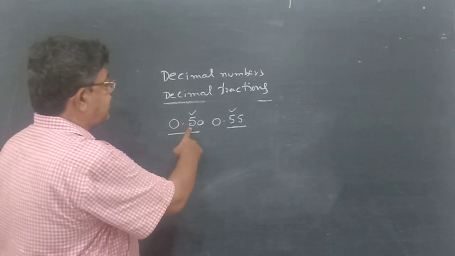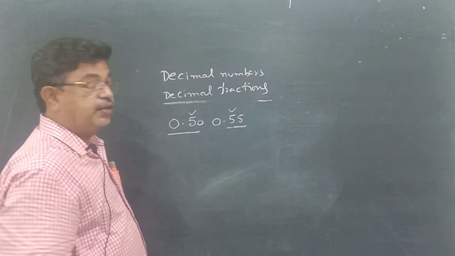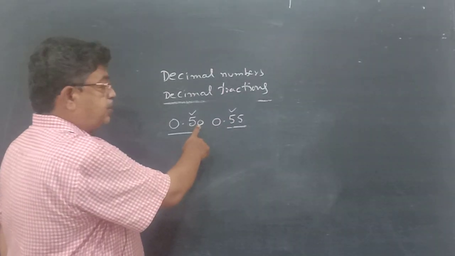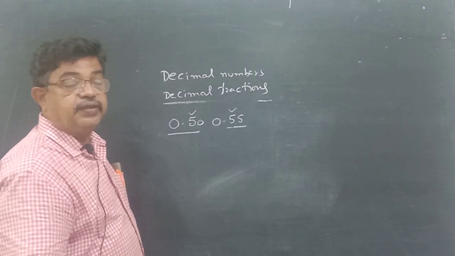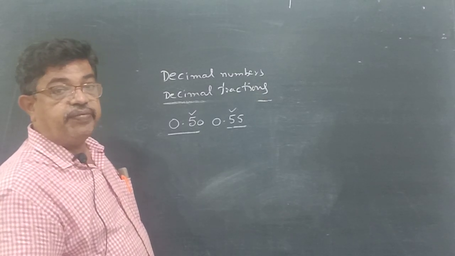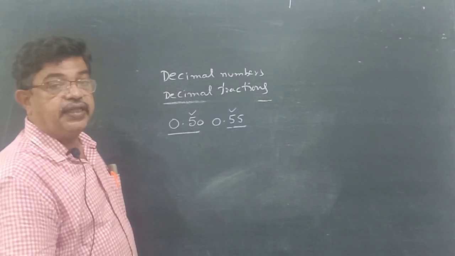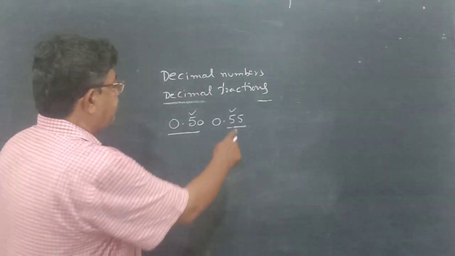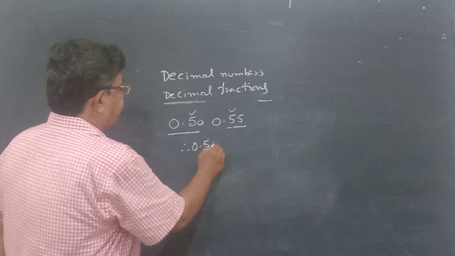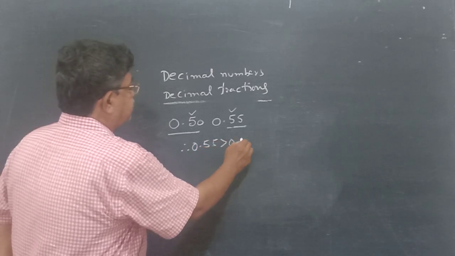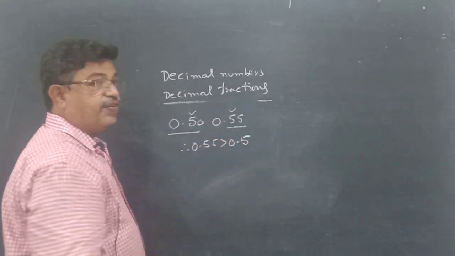Here the first decimal is 5, here also the first decimal is 5. Here the second decimal, no number is there, I took it as 0. Here the second decimal is 5. So the whole part is same, the first decimal is same. Then comparing the second decimal, 5 is greater than 0, therefore 0.55 is greater than 0.5 or 0.50.